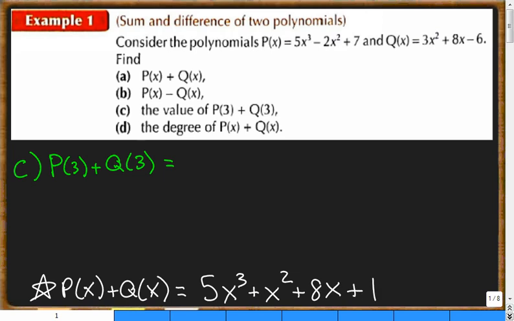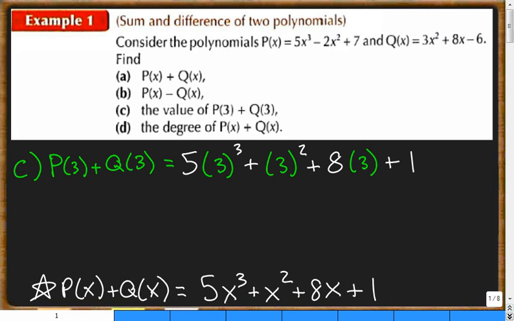So we are going to go ahead and plug our 3 into that. So this is like 5 times 3 cubed plus 3 squared plus 8 times 3 plus 1.